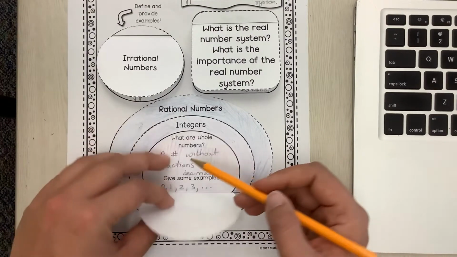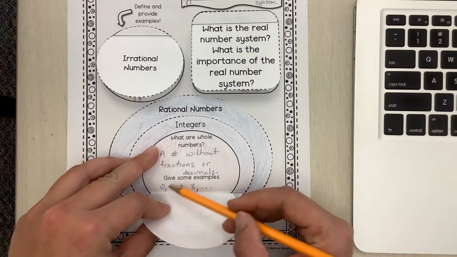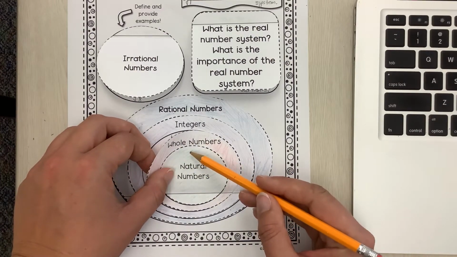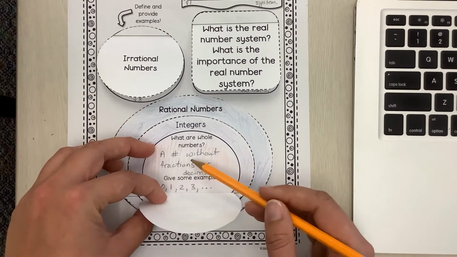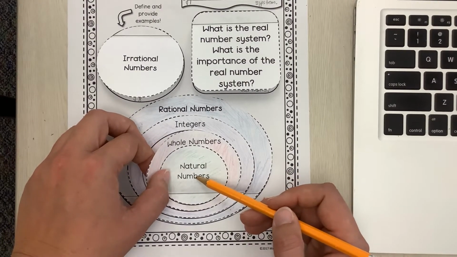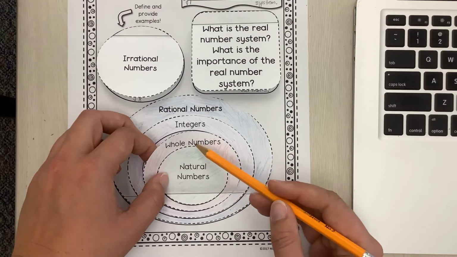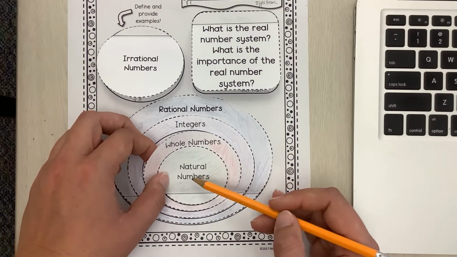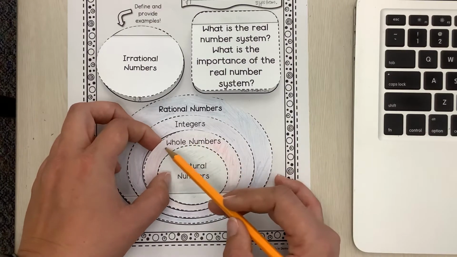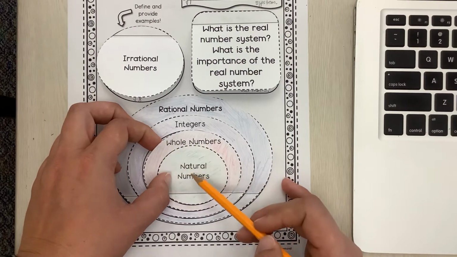Then with whole numbers, we added 0. So all natural numbers are also whole numbers. But not all whole numbers are natural numbers because natural numbers cannot have 0. 0 goes with whole numbers. It does not go with natural numbers. So this is kind of like a Venn diagram. Think of the 0 like out here. It's in the whole number part, but it's not in the natural numbers part.